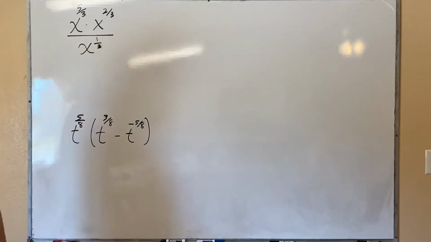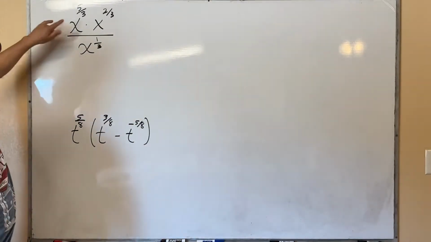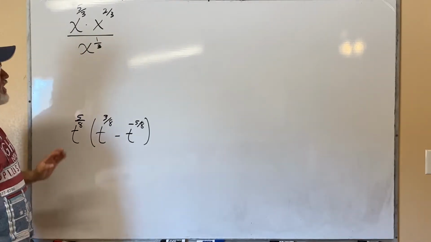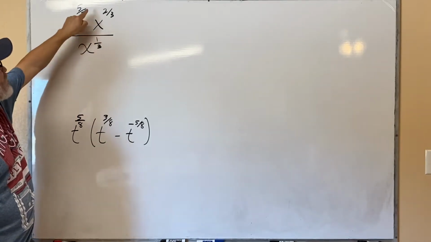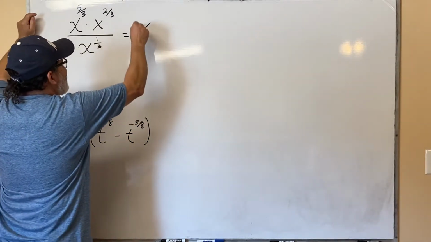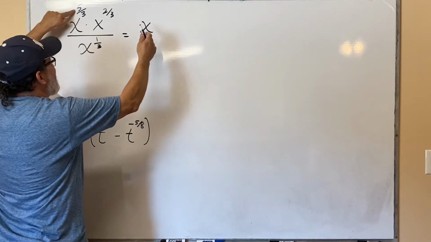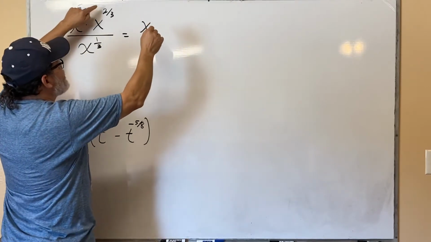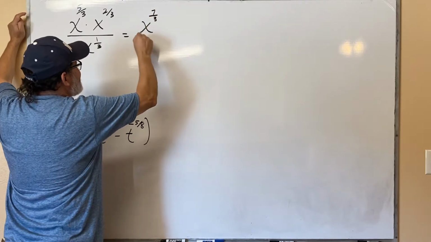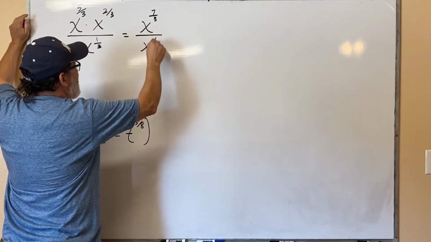Okay? So here we're going to apply the product rule and the quotient rule. When you multiply, you add exponents. So therefore this becomes x to the 5/3 plus 2/3 is 7/3 divided by x to the 1/3.